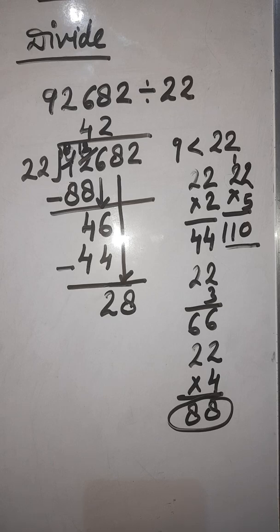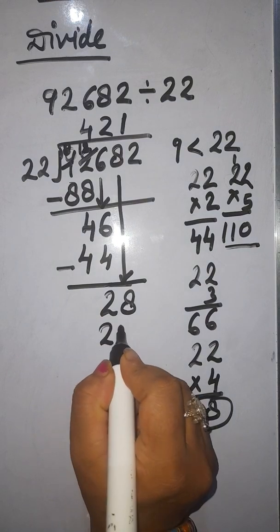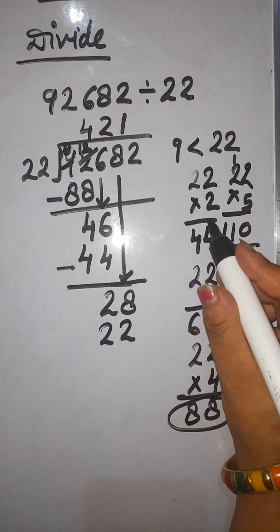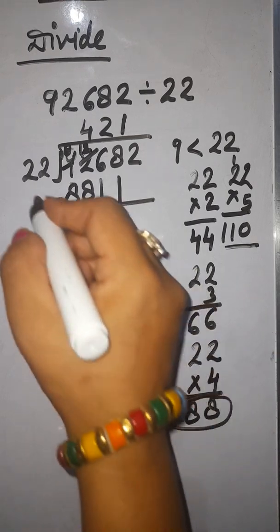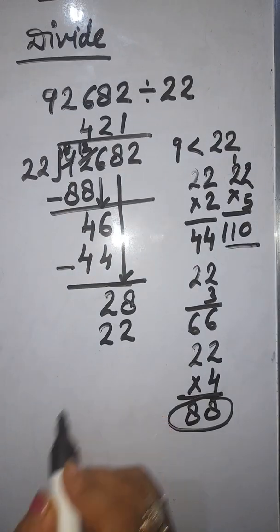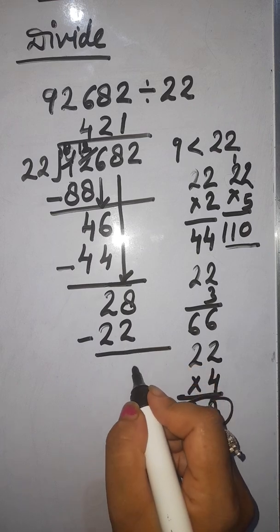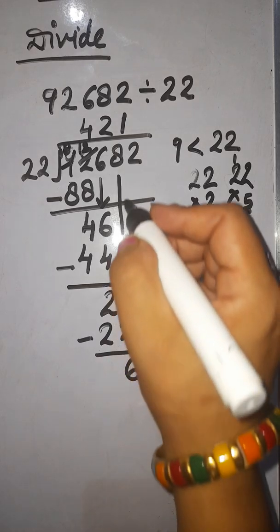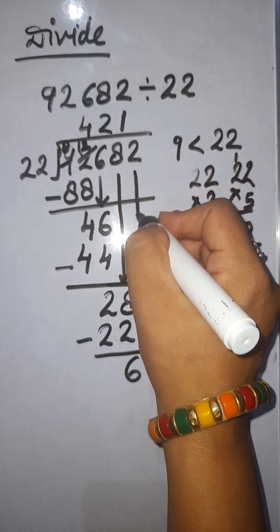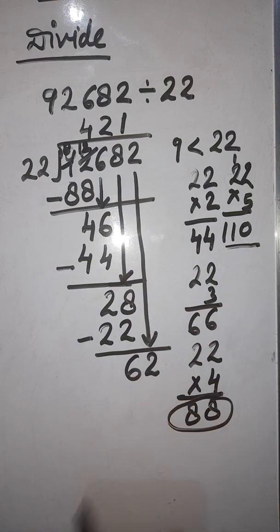So we'll just write 22 ones are 22, because 22 twos are 44, which is greater than 28. Now subtract it. 8 minus 2 we get 6, and 2 minus 2, 0. Now the next digit, the last one, we'll bring it down. This is 2. It will become 62.